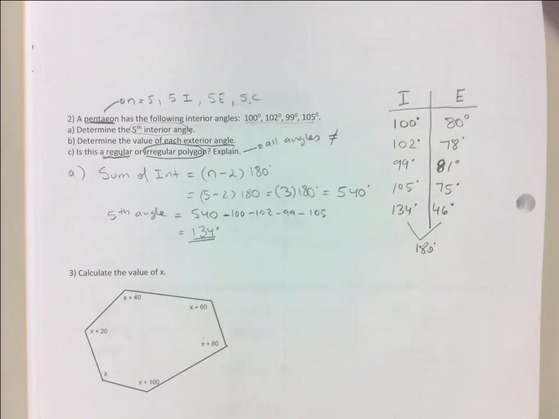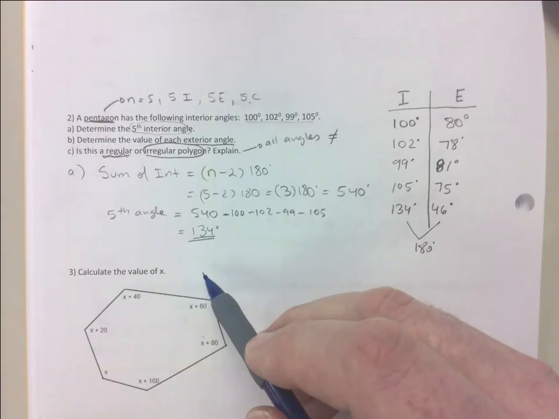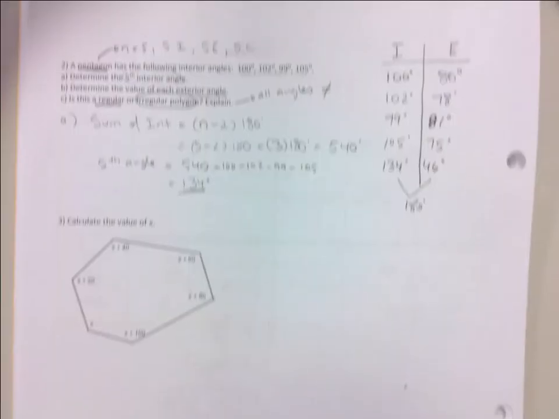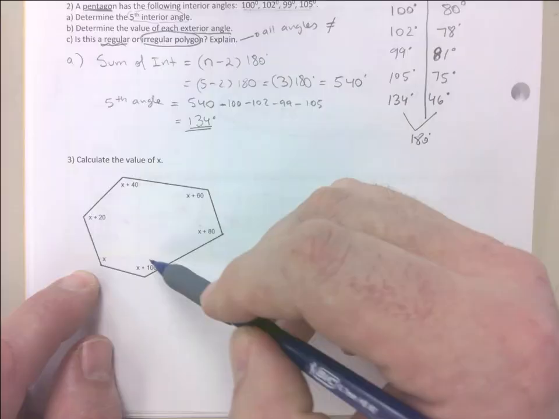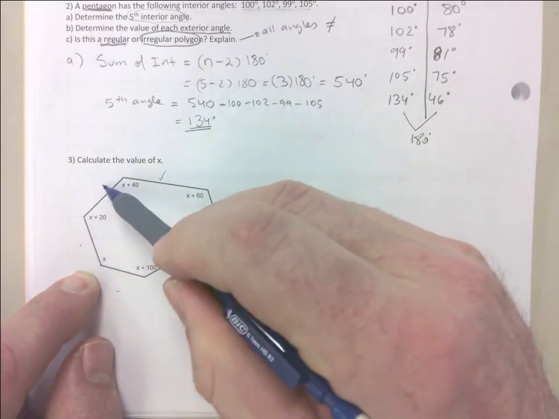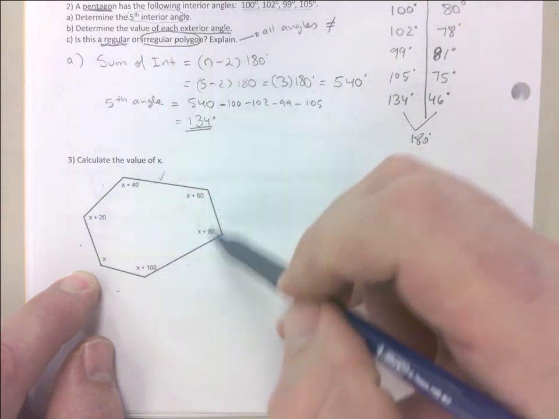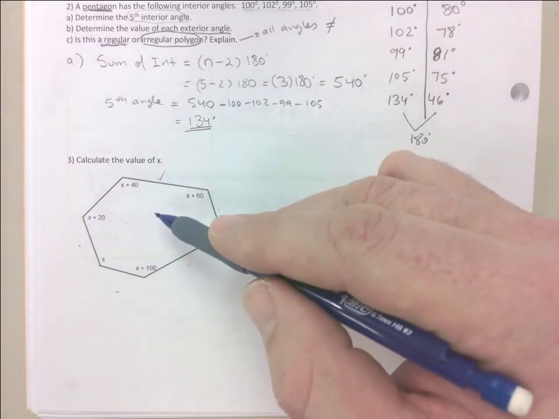You can skip 3. 3 is a little overkill, but it's the same idea. Oh, this one? So the reasoning, this is a bit of a puzzle. You count the number of sides, 1, 2, 3, 4, 5, 6. It's a 6-sided polygon. You find out the sum of interior angles.